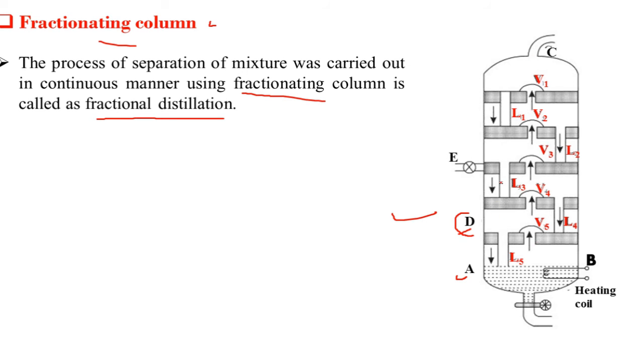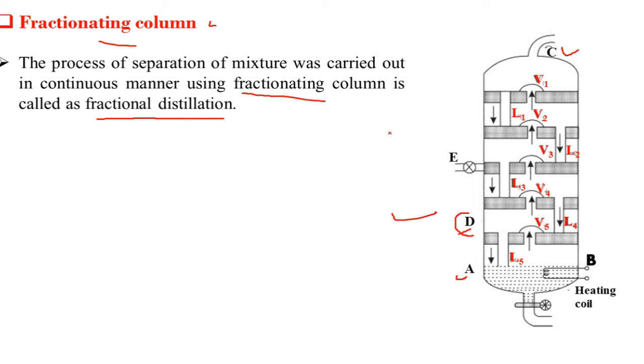For every plate, an overflow tube L is attached. At the bottom, the liquid mixture is heated by the heating coil, which is denoted by B, and at the top, a condenser is fixed to remove the distillate.